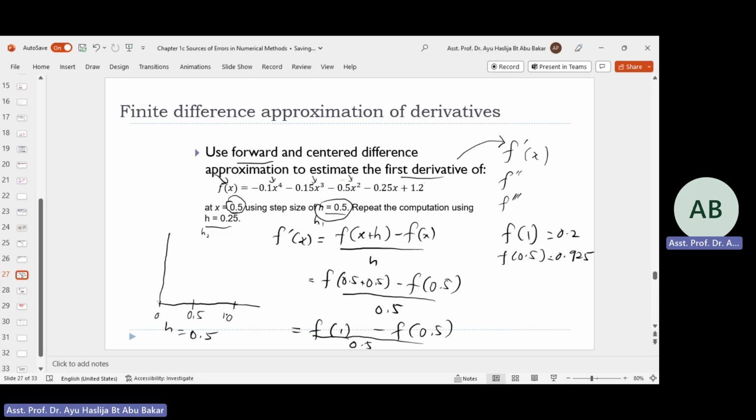To make it more accurate, usually I will advise you to use 4 decimal point. That means 5 significant figures. Okay, now plug into the equation for forward. 0.2 minus 0.925 over 0.5, minus 1.45, right?